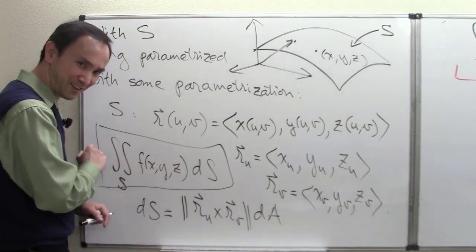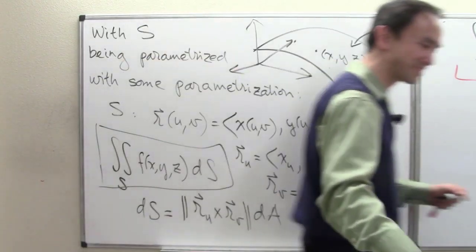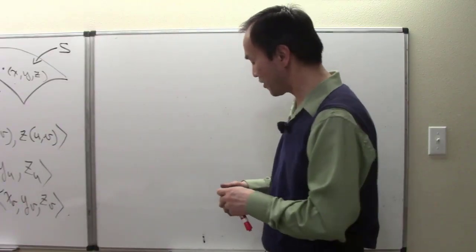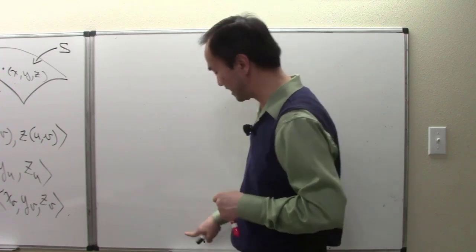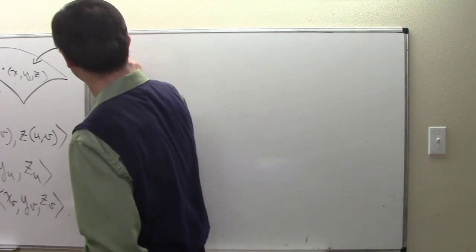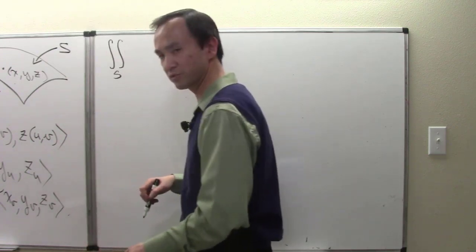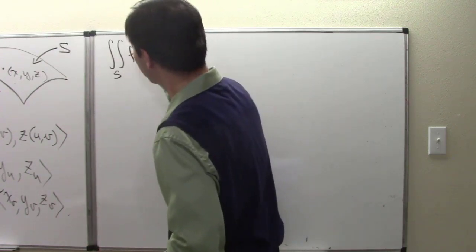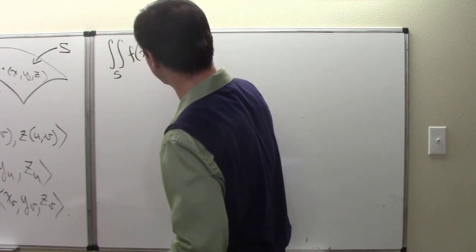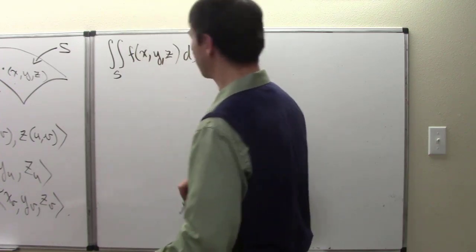All right, so now let's move on. In the way I explained earlier on the other board, our current surface integral over the whole surface S, for some scalar function f of x, y, z with respect to S, right?